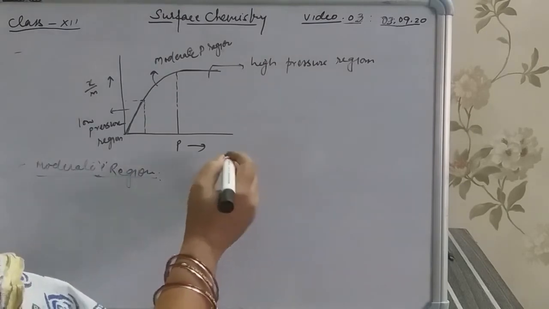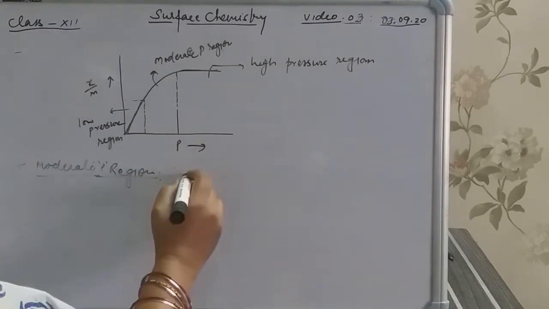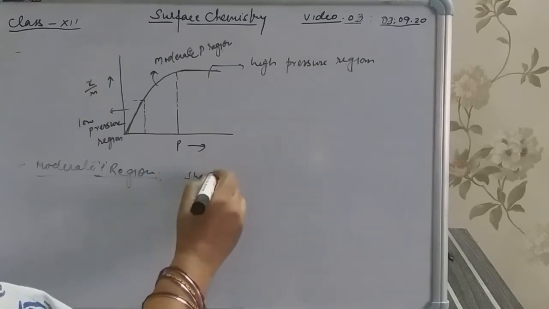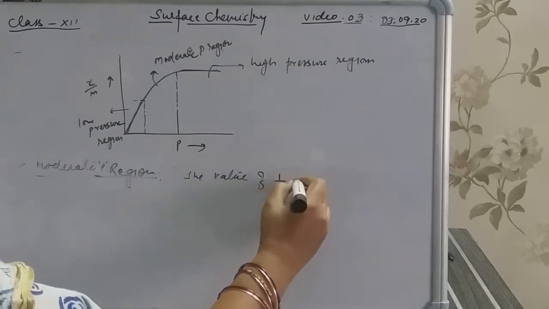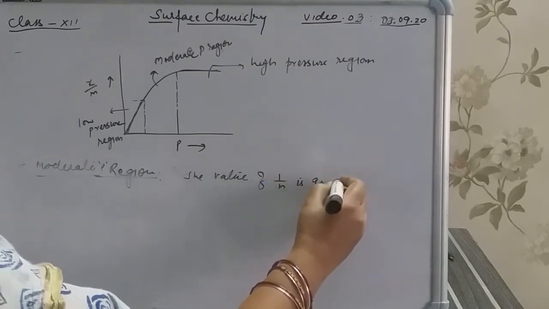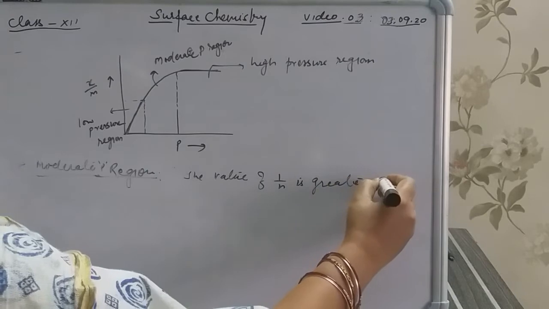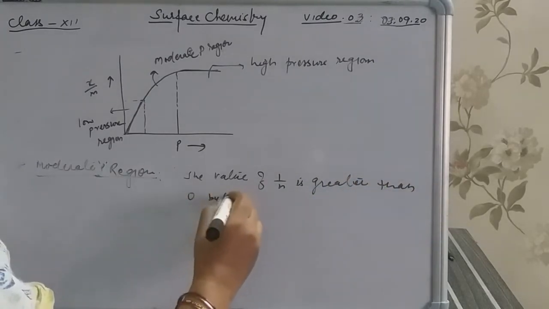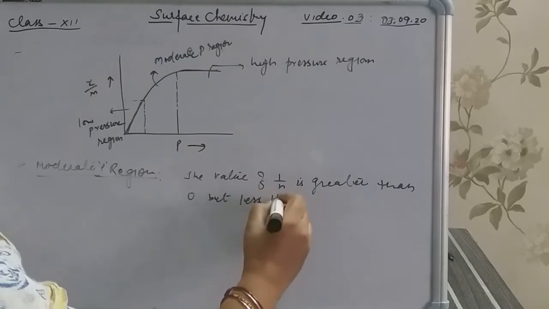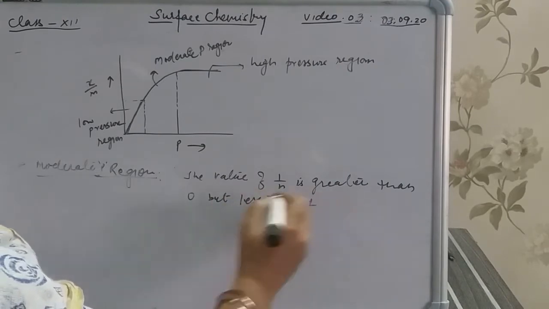In the moderate pressure region, the value of 1 by n is greater than 0 but less than 1.